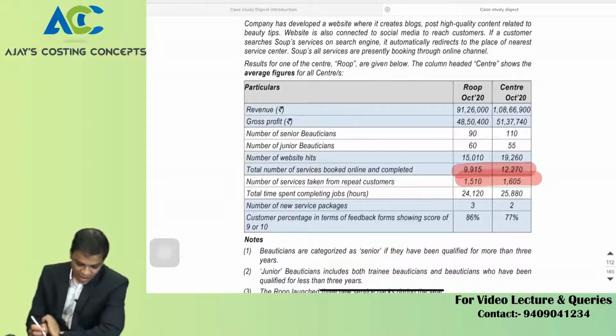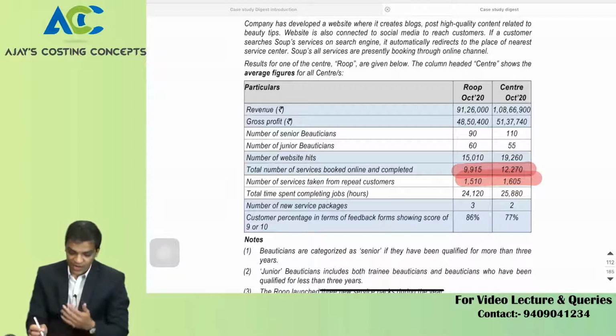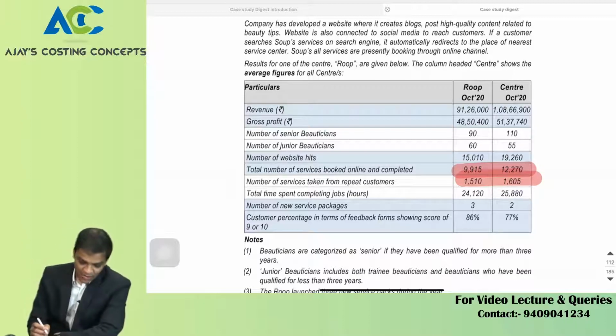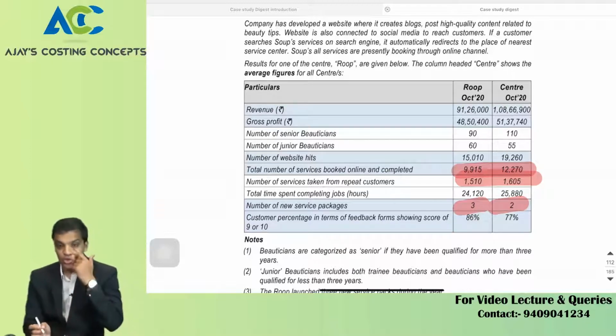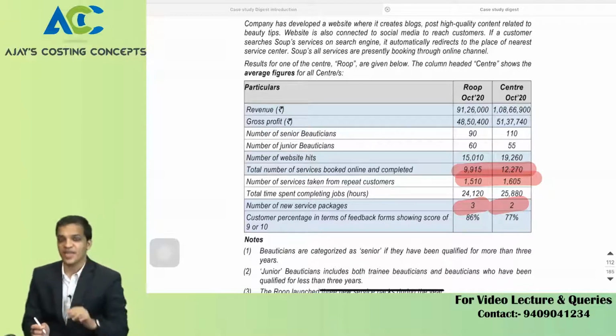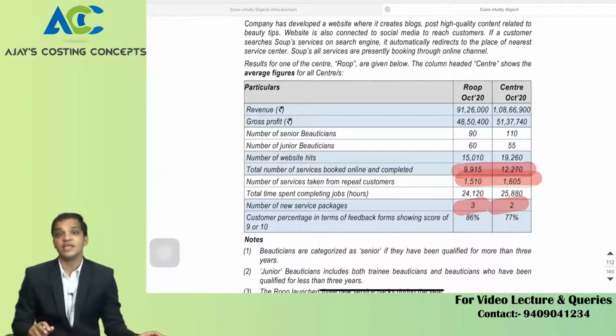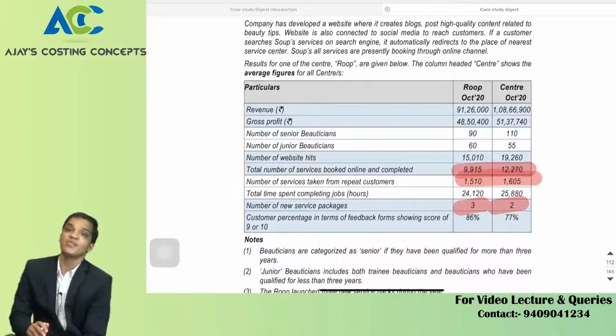Further, the total time spent completing jobs is lower, but again the customers are also lower. So we will evaluate on the basis of percentage wise. Number of new service packages provided is 3, over here it is 2. So basically new services, one of those building block model dimensions, is innovation. While reading the question itself, we come to know the word innovation, or what innovation we are providing, so compared to the average we are more innovative.